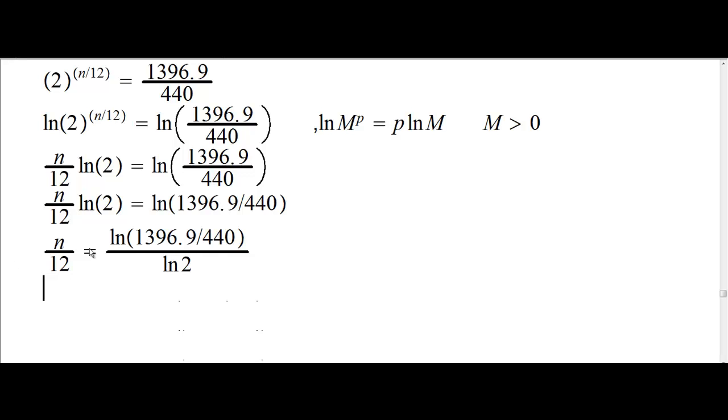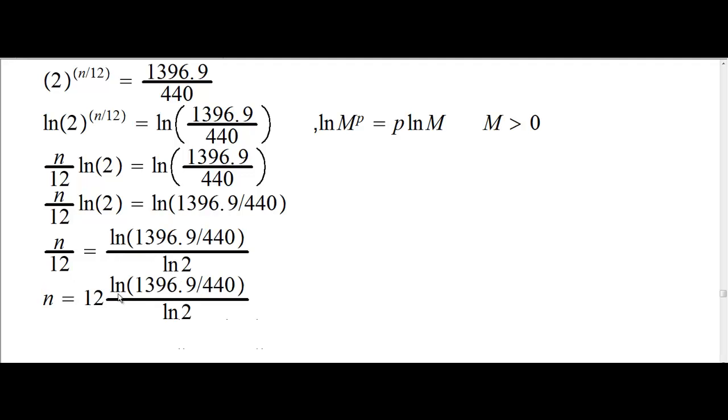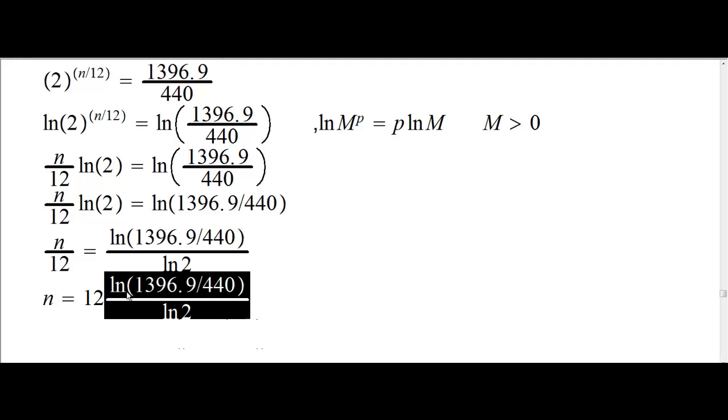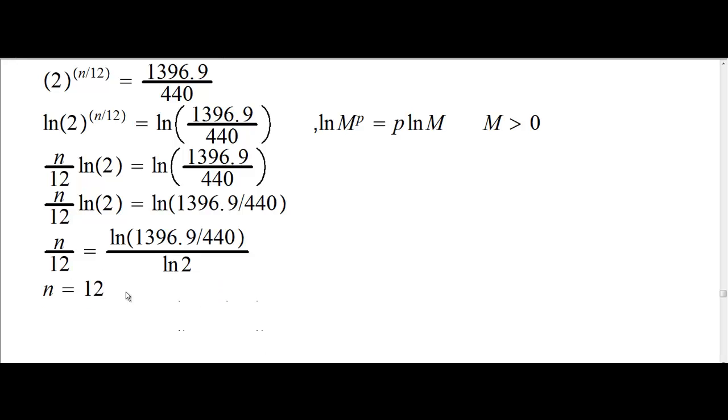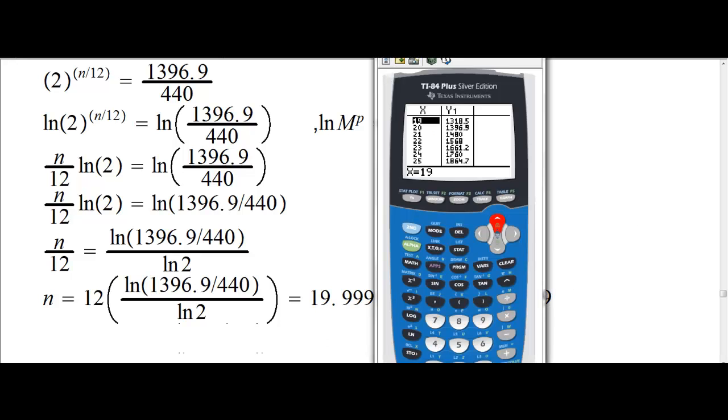Now in order to obtain n, all I have to do is multiply both sides of the equation by 12, right? So here we go, and this is 12 multiplied by this fraction. We can leave it like this, and our calculator will do the same thing. It's about 20, as you were expected to answer.